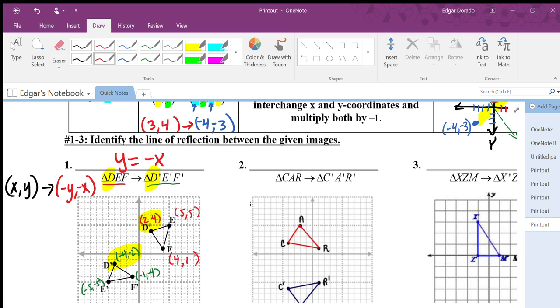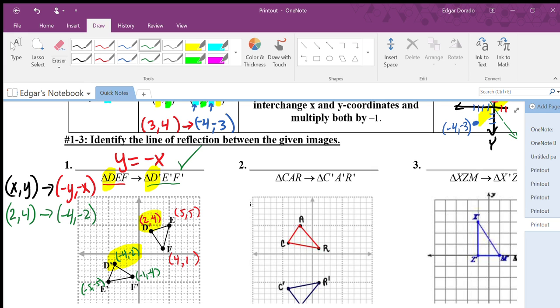And watch, I'll prove it to you. My original was 2, 4. My new one is -4, -2. You guys see that? My x turned into my y, my y turned into my x, and now they're negative values. So this is correct. The line y equals -x is where I am reflecting.